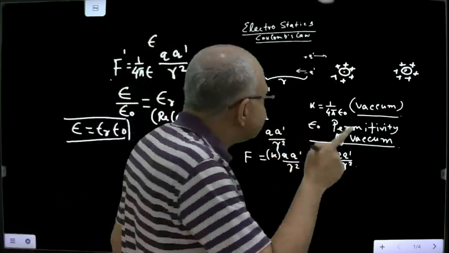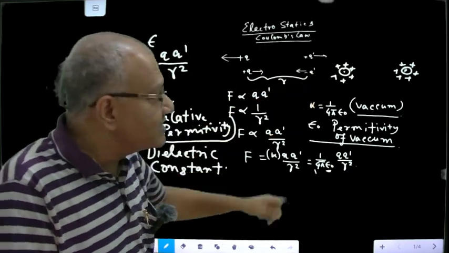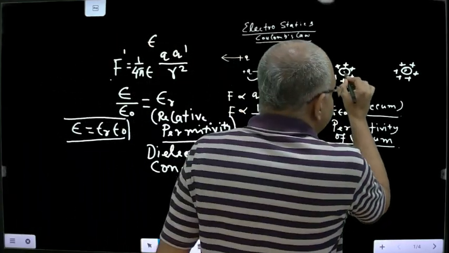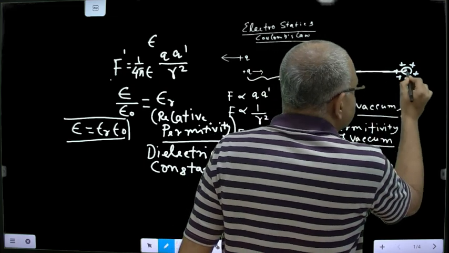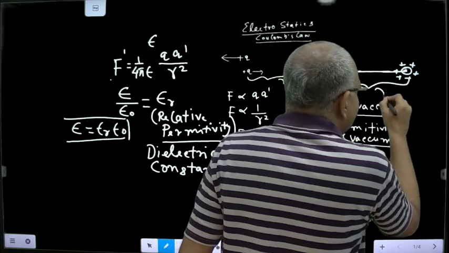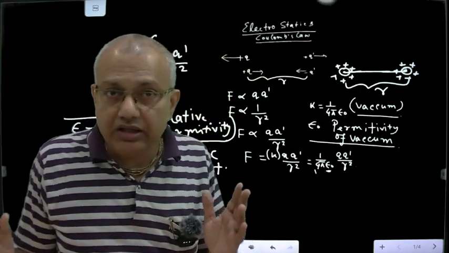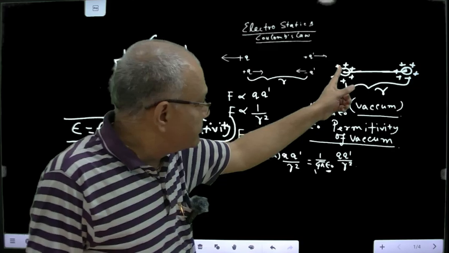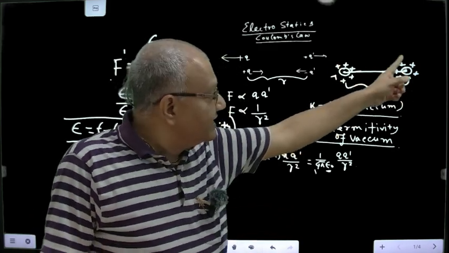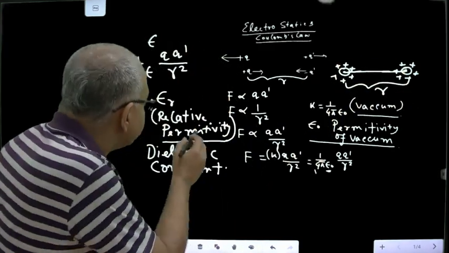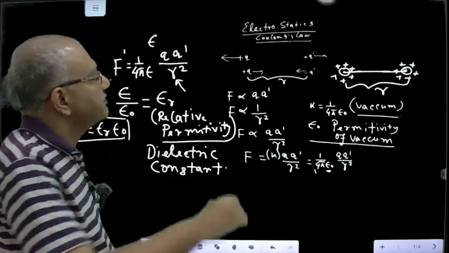Therefore, what should be the distance r? The distance from center to center. That will be r. Understanding my point? I think you're understanding. So the distance from the center of charge to the center of charge, we are going to put in this formula, in Coulomb's law.